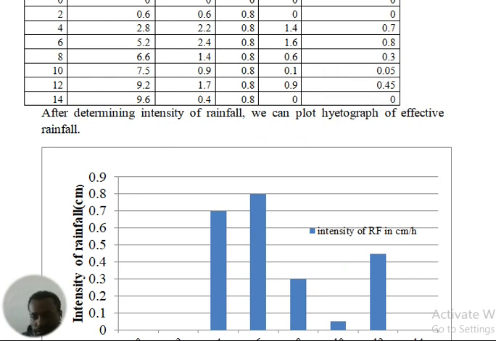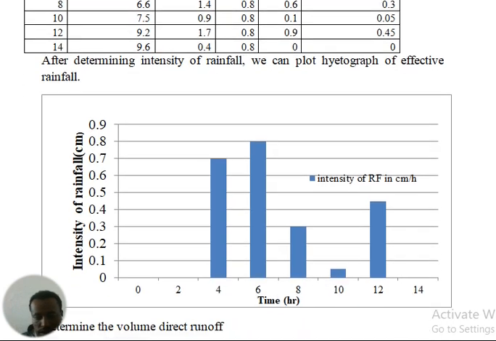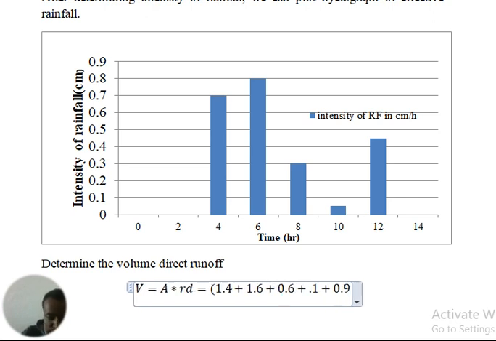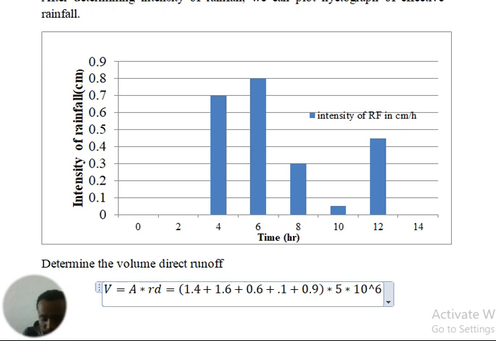Then the depth is equal to 1.4 plus 1.6 plus 0.6 plus 0.1 plus 0.9, times the area, 5 kilometers square, changed to meter square, 5 times 10 to the power of 6.